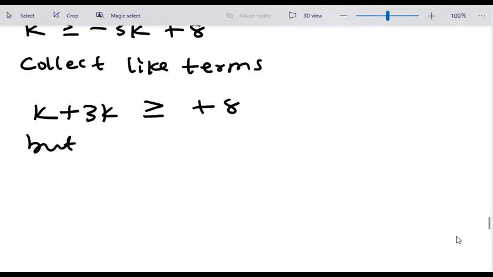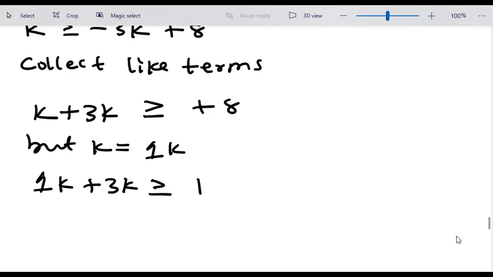Don't forget that k is the same as saying 1k. Then in place of k, we replace it with 1k. So we have 1k plus 3k greater than or equal to plus 8. And this plus 8 is also the same thing as writing 8 in plus.